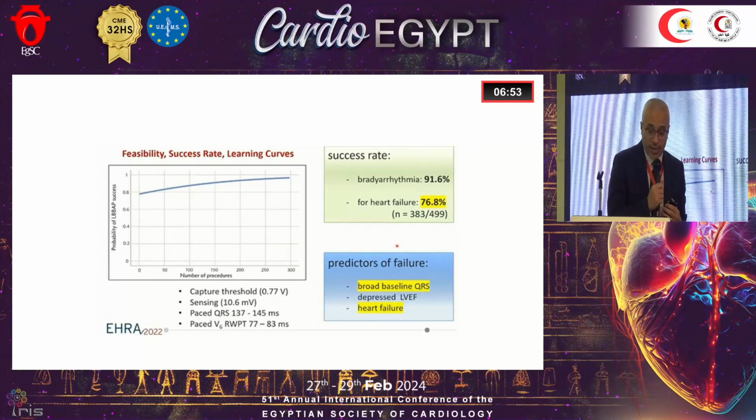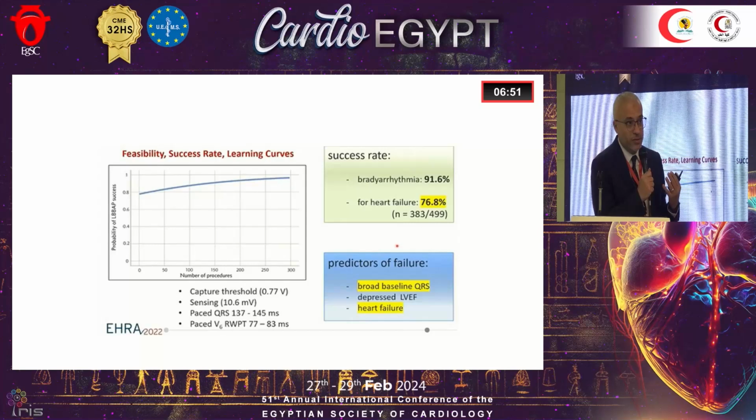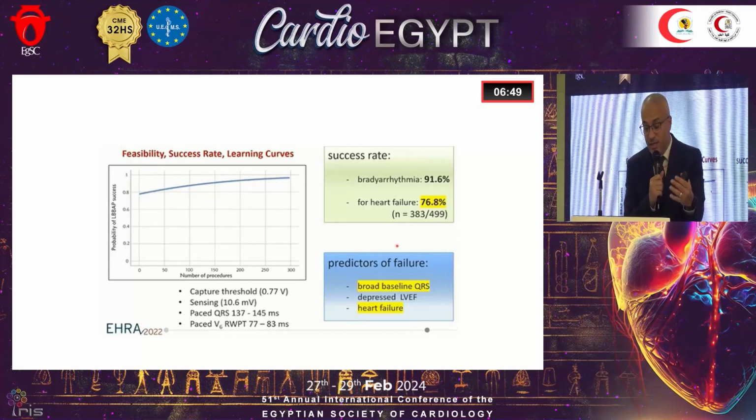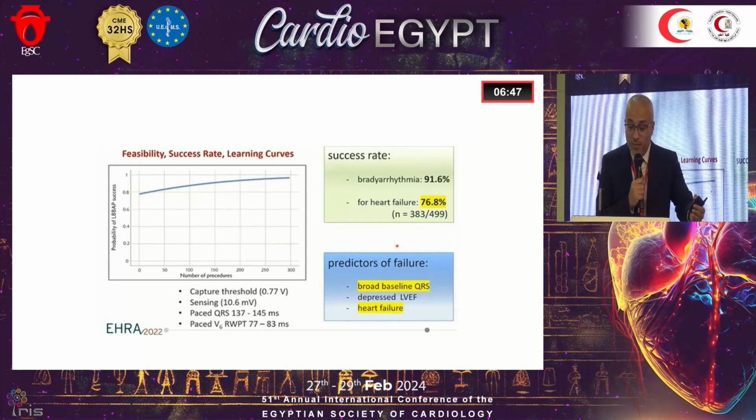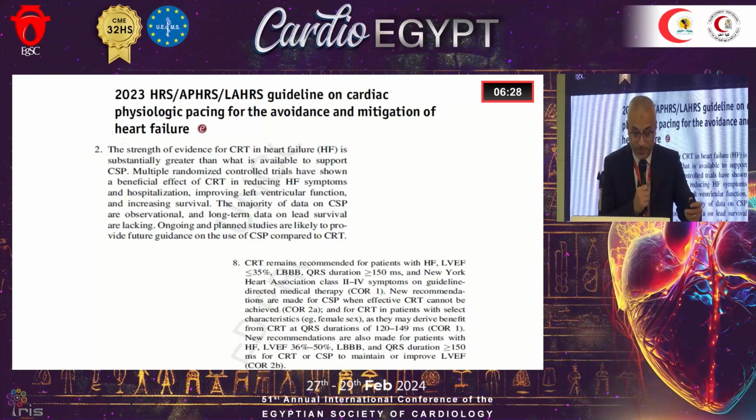And this was the success rate: something like 92% success rate in conventional pacing for bradyarrhythmia, but only 76% in patients with heart failure. And the predictors of failure were the broad QRS complex, I mean the patients with left bundle branch block, depressed ejection fraction, and heart failure. So actually, these are the indications of CRT, so we are not ready yet to replace CRT with the conductive system or the left bundle pacing system.